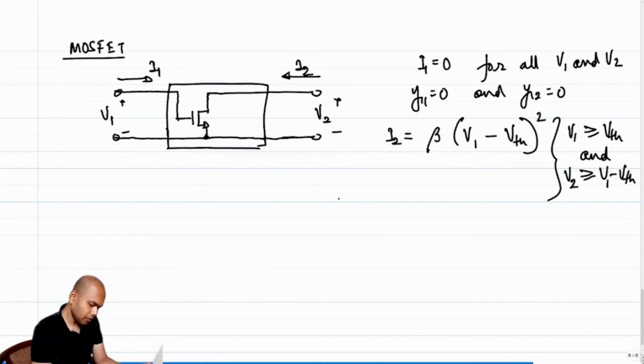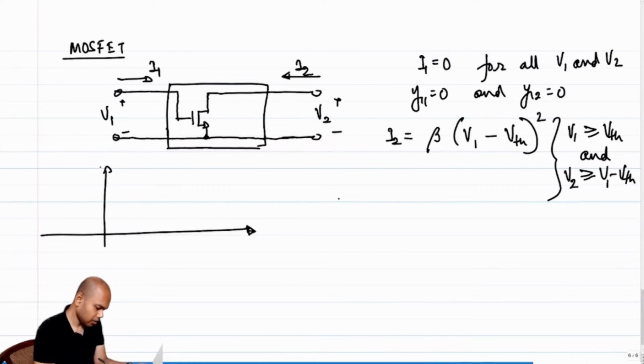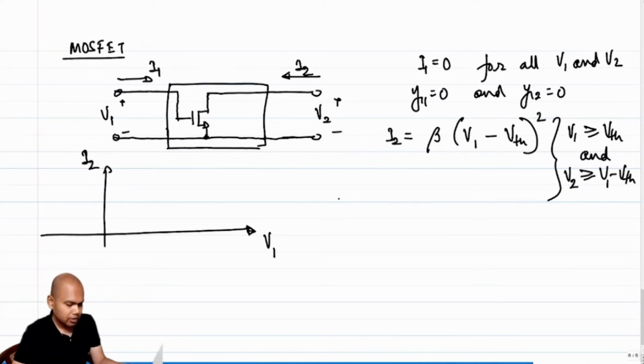So if I sketch the I2 versus V1 characteristics, what will I get? Let me mark out a point VTH.